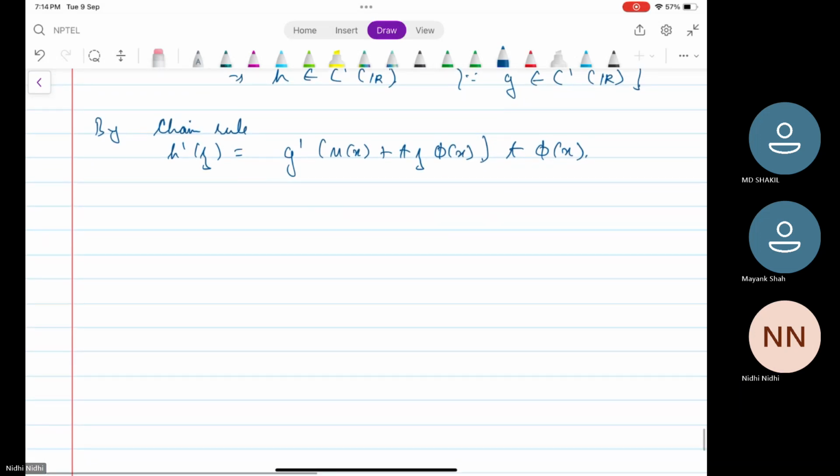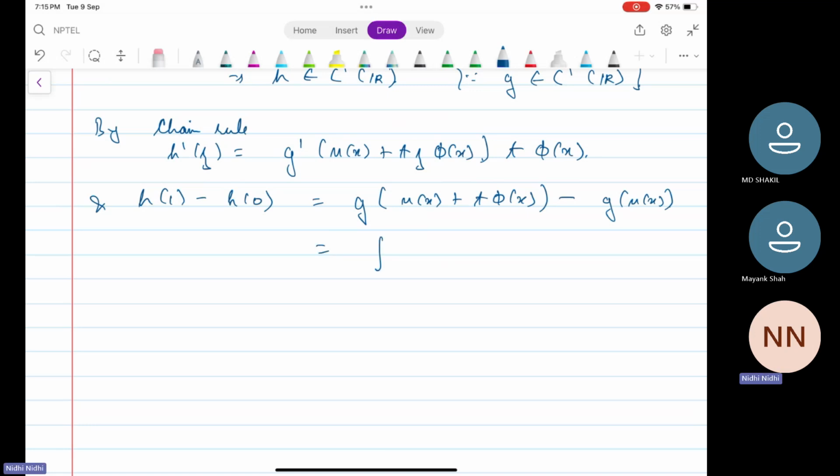And h1 minus h0 is equal to g of u x plus t times phi x minus g of u x, which is equal to the integral from 0 to 1 of h dash z dz. So can you see how I got this integral term?